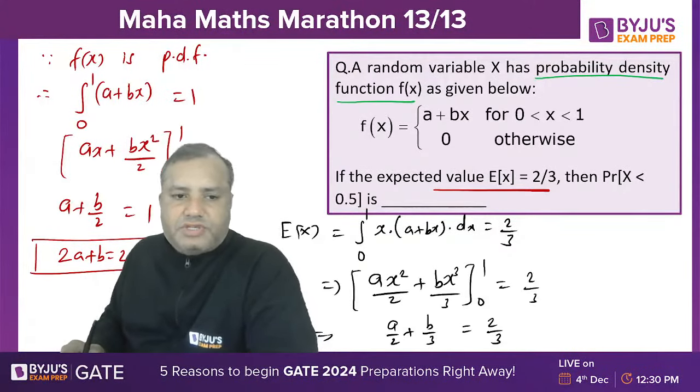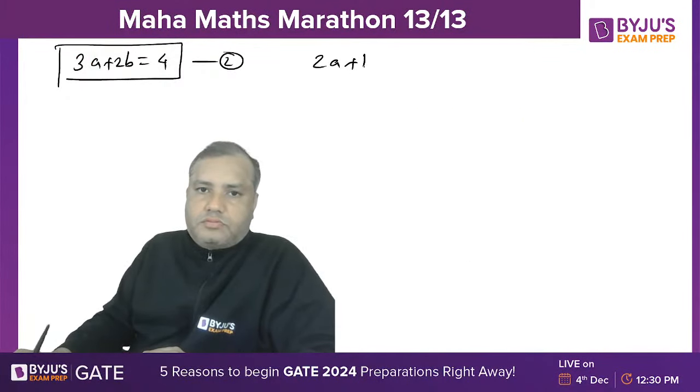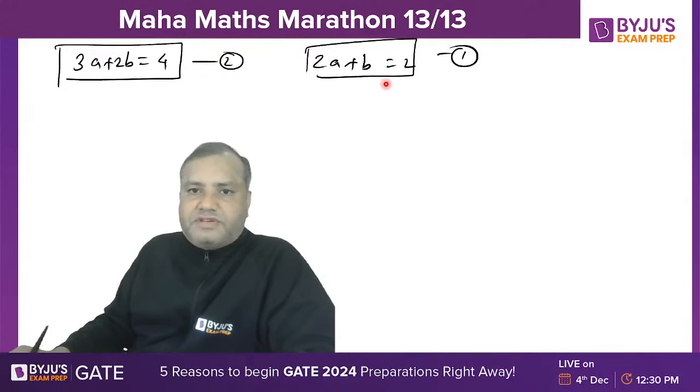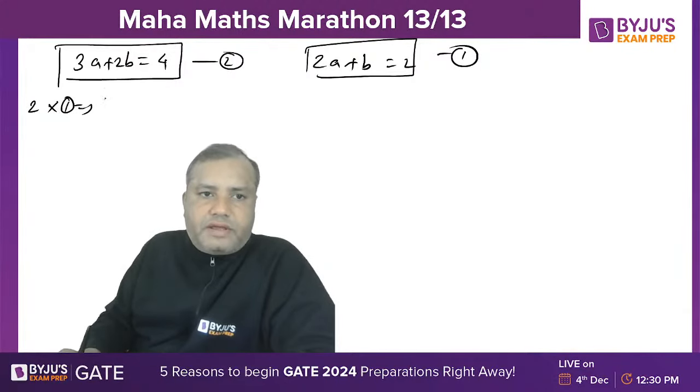And equation 1 is 2a plus b equal to 2. If you multiply this equation by 2, then 4a plus 2b equal to 4.